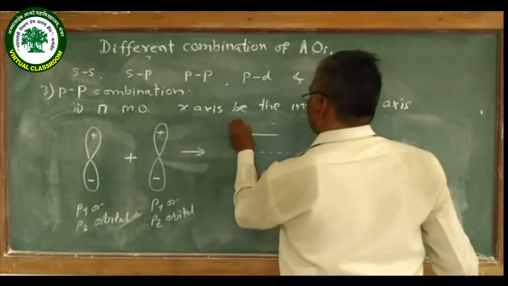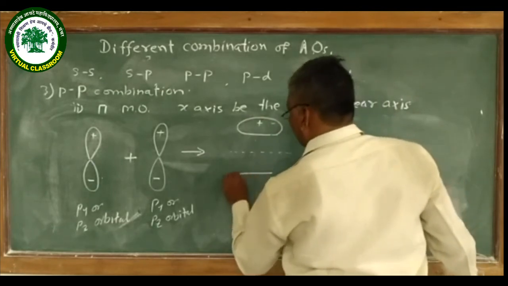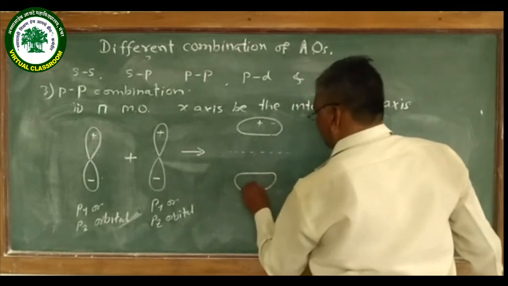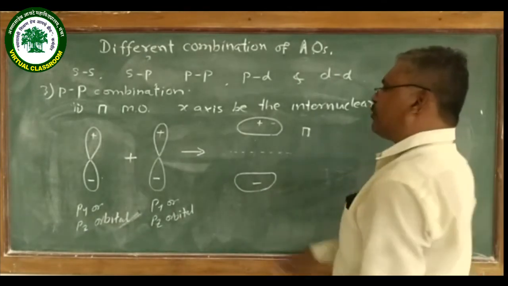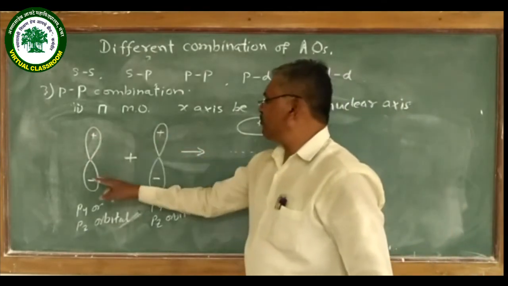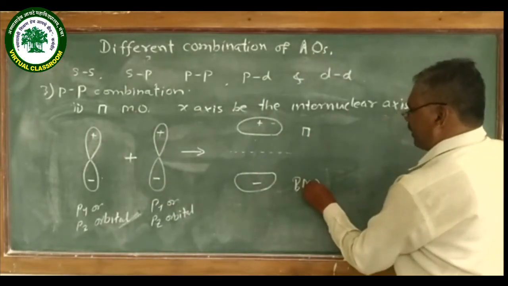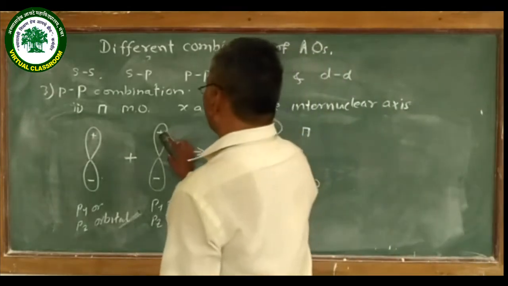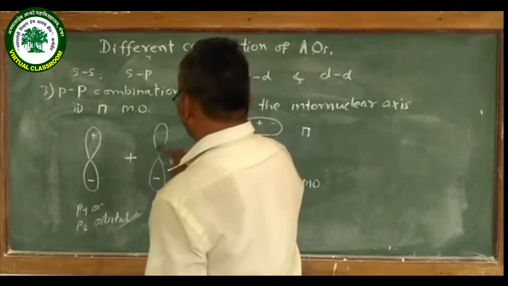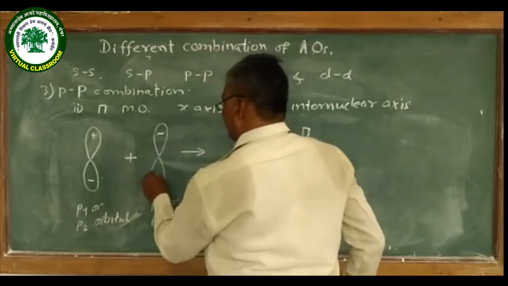So this will be the formation of pi molecular orbital. And since the overlapping region has the same sign of wave function, this will form the bonding molecular orbital. If the overlapping region has opposite sign, then they will lead to the formation of antibonding molecular orbital.